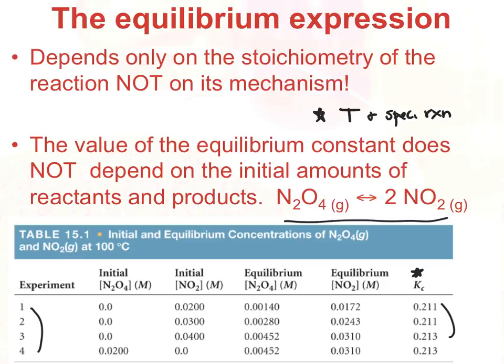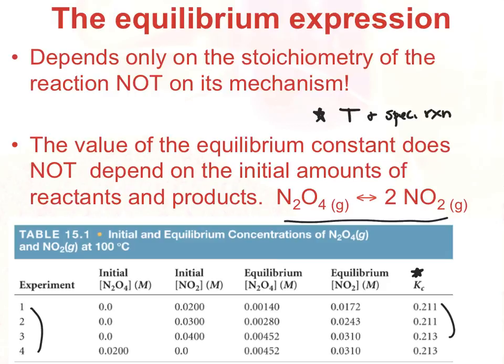What we need to understand here, guys, is that equilibrium is going to be reached for this specific reaction. We're going to establish a specific ratio at equilibrium between the reactants and products, and that equilibrium ratio gives us our K value. That's going to be consistent regardless of what we start with.